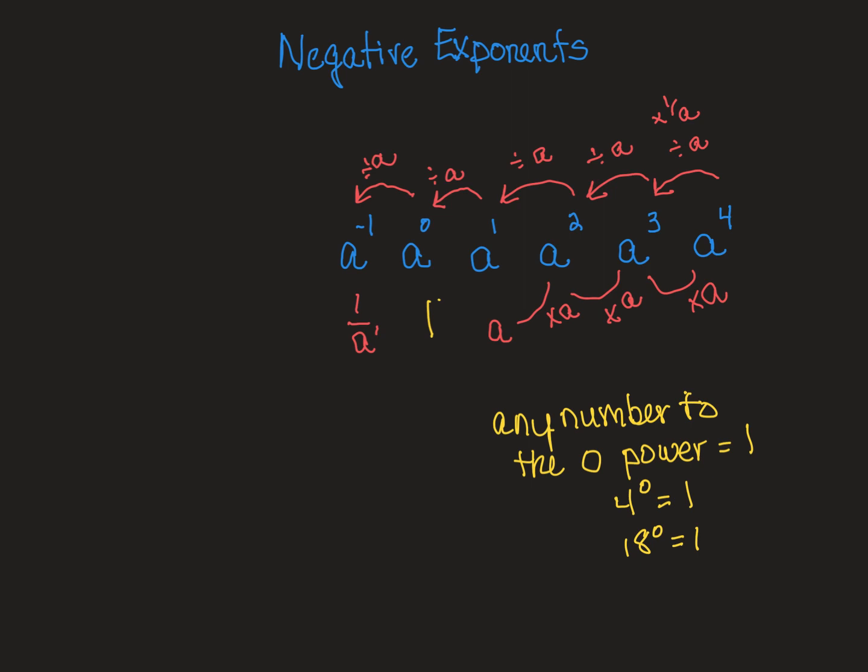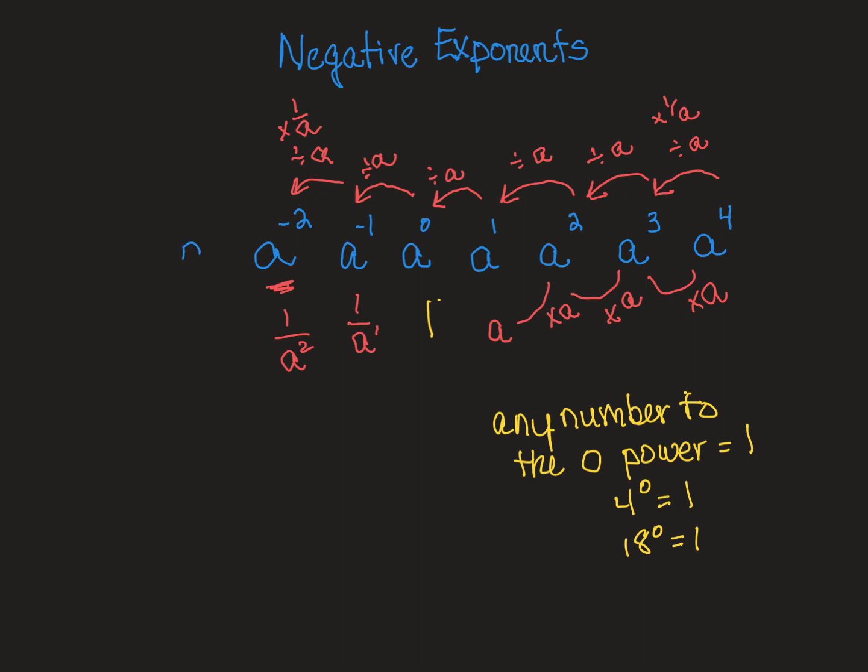So if I have a to the second power, and I'm dividing by a, or multiplying by 1 over a, which again is the same thing, that negative sign makes it the reciprocal. So a to the negative second is actually 1 over a to the second. So that negative sign makes it a reciprocal.